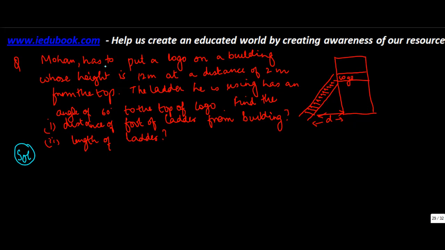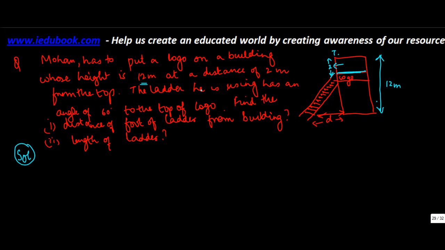Okay, so Mohan has to put a logo on a building whose height is 12 meter. So the height of this building, which is this complete height, is 12 meter, at a distance of 2 meter from the top. So the logo has to come at a distance of 2 meter from the top. So if this is the top, the distance between the top and the logo, which is this point, is 2 meter.